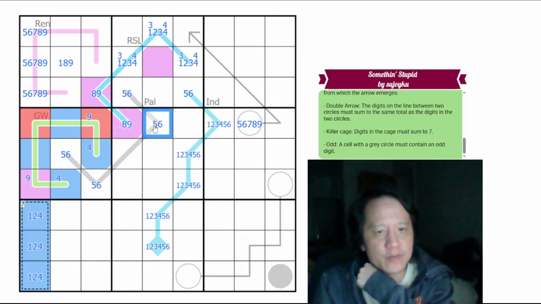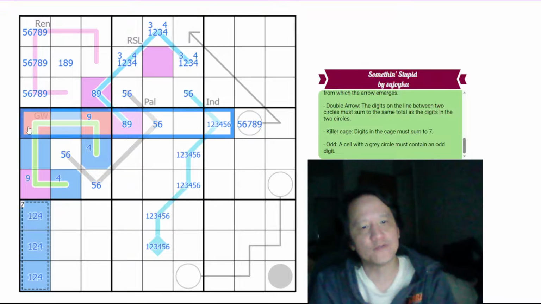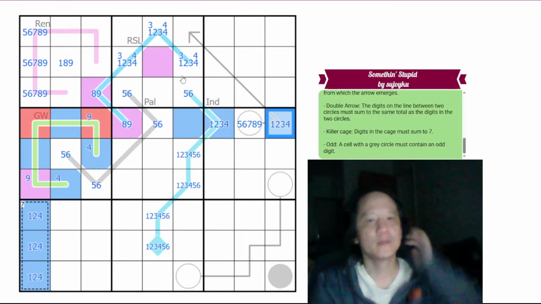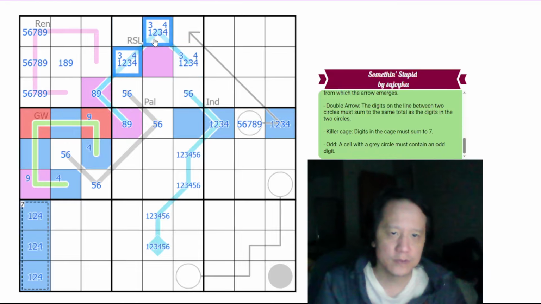That's 3 of them. This is 5 or 6, and this is 5 through 9. That means the rest of the row cannot be the digits 5 through 9, because we have 5 cells which require the digits 5 through 9. So this can't be 5 through 9. This is a low, and this must be low here. So this is 1 through 4. These are all lows.